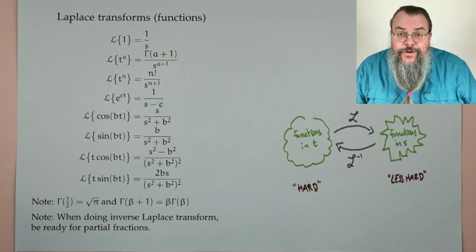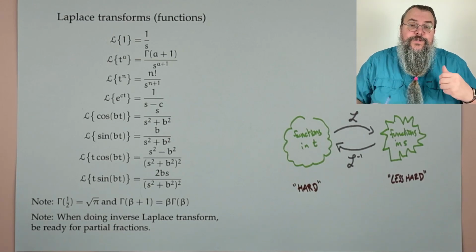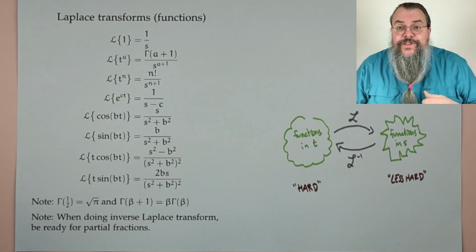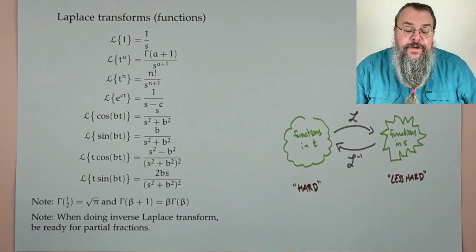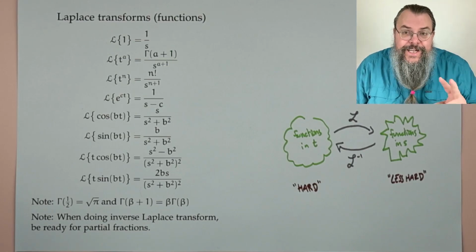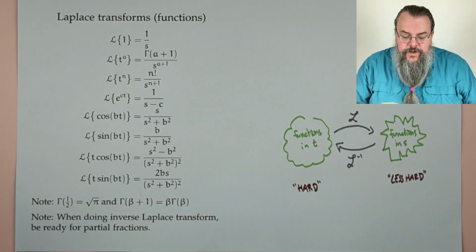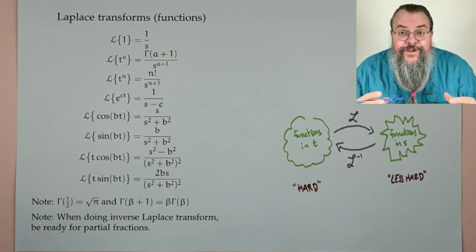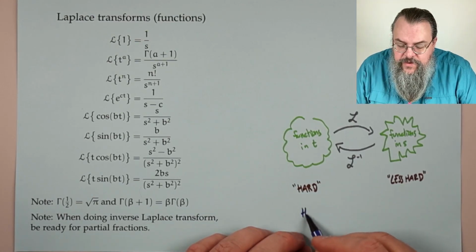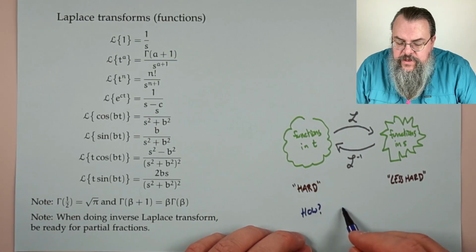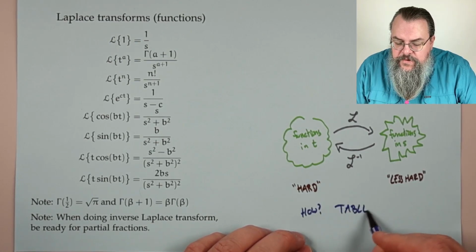Now, how do we do it? Well, there's sort of two answers. The first answer is there's a rule. It's not one of the rules that you see here, but we'll get to that in a minute. The second answer, and this is the more realistic, more practical answer: how do we do Laplace transforms? The answer is table.